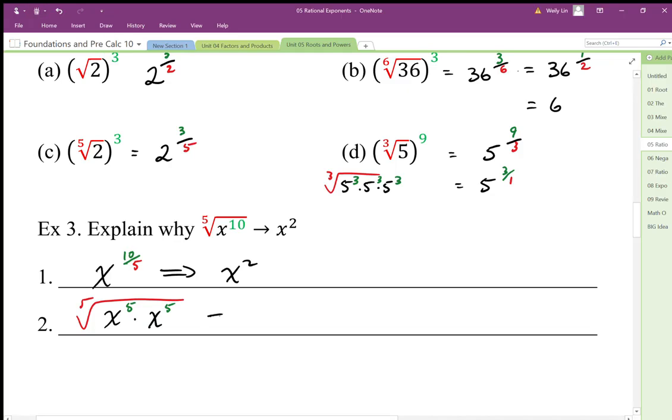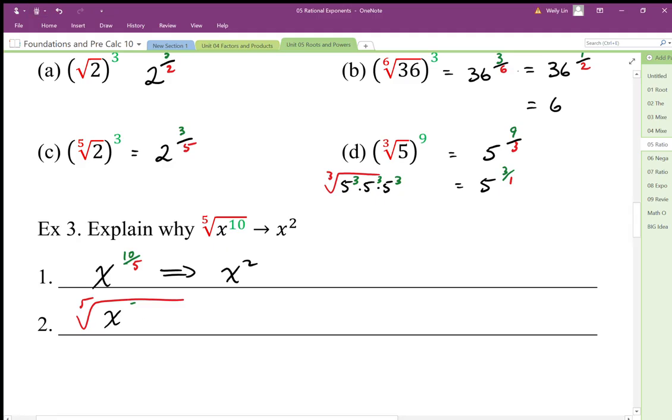Sorry, that's going to be the number that multiplies by itself 5 times to get x to the power 10, which is going to be x squared, x squared, x squared. So maybe I'll rewrite it that way. That's a little bit easier to explain.